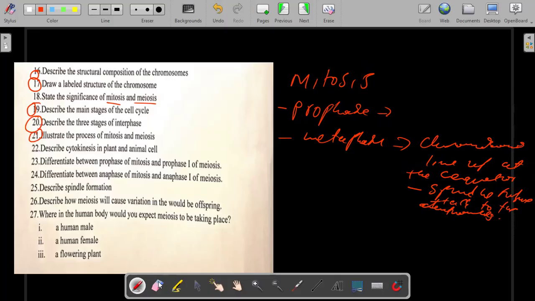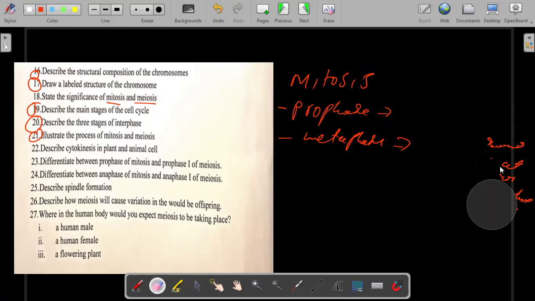Okay, then from metaphase, you're going to go to the third stage, which is going to be anaphase.